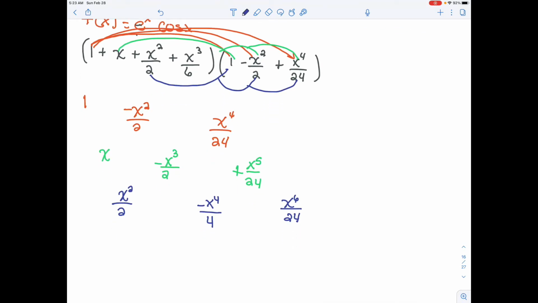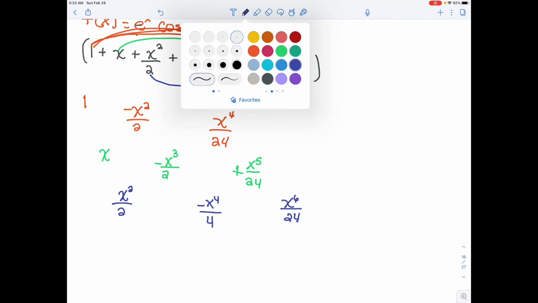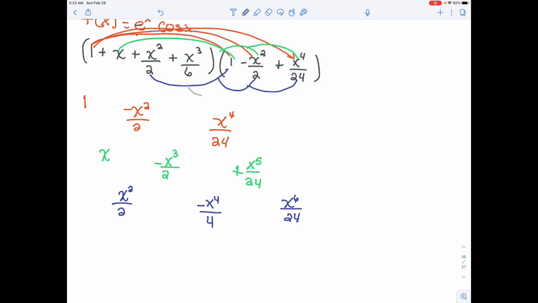Now, did we do the last one? We're going to do the last one. We multiply that by each one, and we get x cubed over 6 minus x to the 5th over 12 plus x to the 7th over 72, I think.